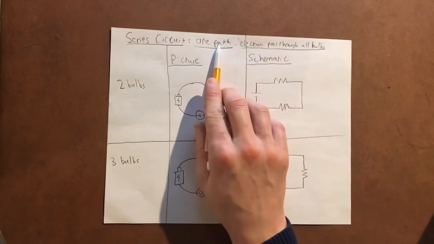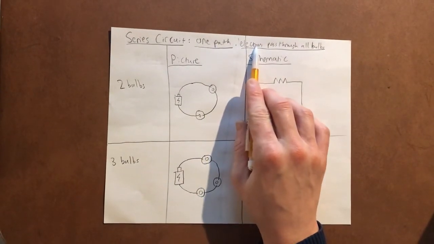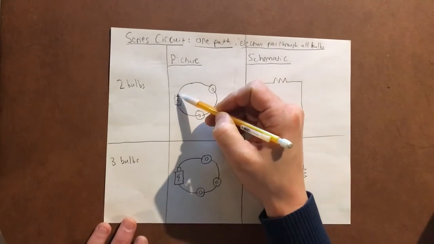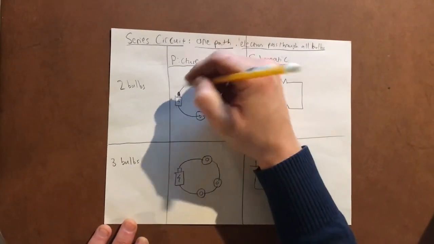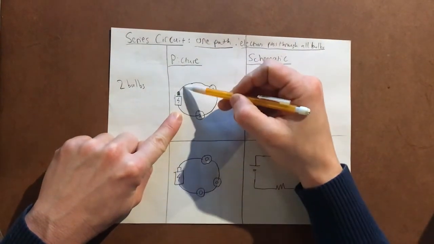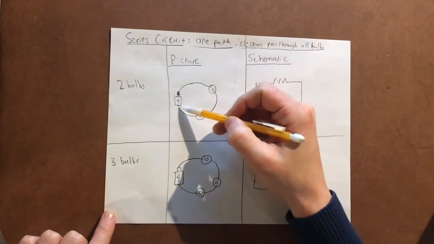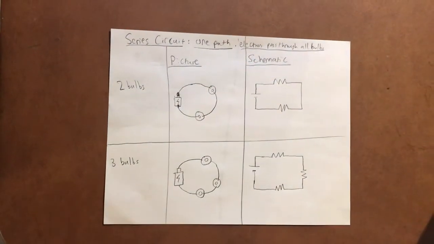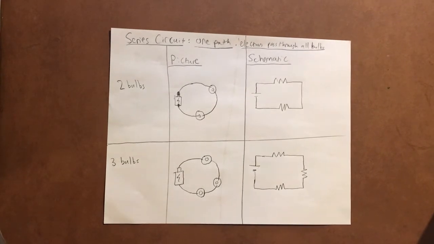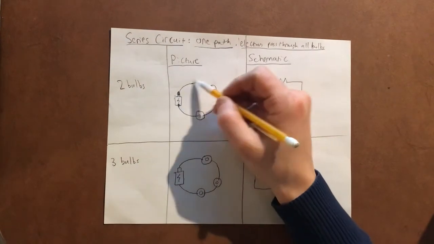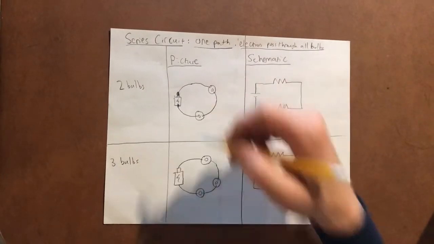And because there's only one way to go, an electron has to pass through all the bulbs. So an electron's going to start off here. I'll make a little dot on our picture of a two-bulb series circuit, and it's got to go through both bulbs to get back to the other side of the battery. Electrons go from one side of the battery to the other, and they have to go through bulbs to do it.